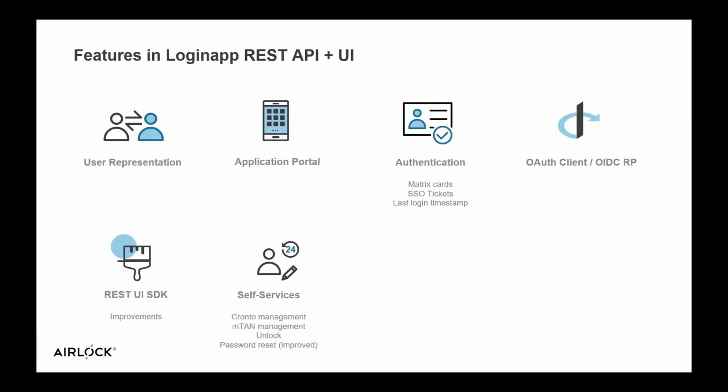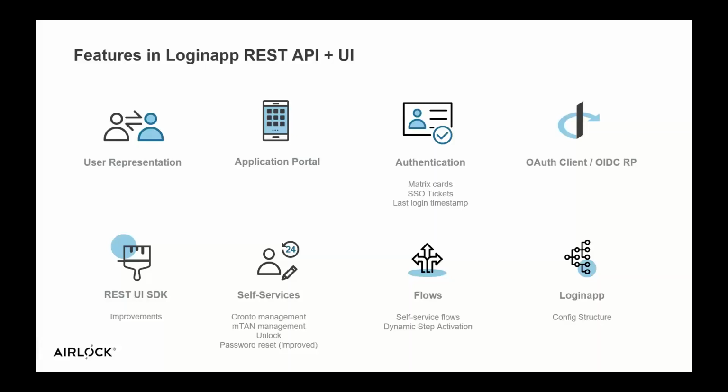Then we also added some more self-service like the Cronto management, the MTAN management, so you can manage your mobile numbers. There is an unlock feature now, and we improved the password reset. As I said, we added some new flows there, and there's also a dynamic step activation, and there's a new config structure which I will show you during the first example in a minute.